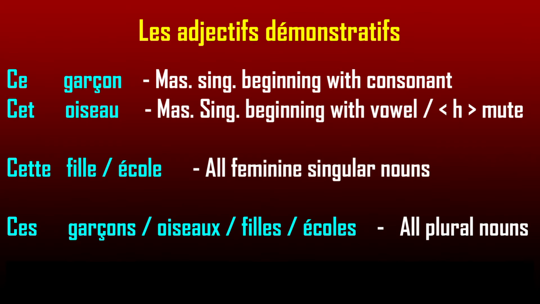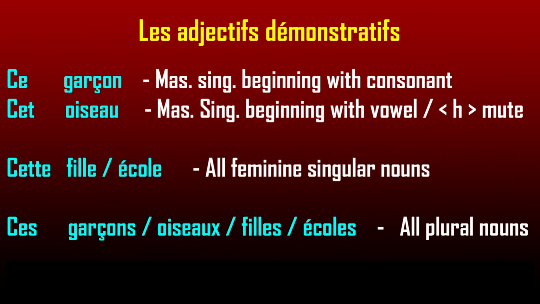When the noun becomes plural, whether it's masculine or feminine, or beginning with a vowel or H mute or a consonant, we use ces as the demonstrative adjective.